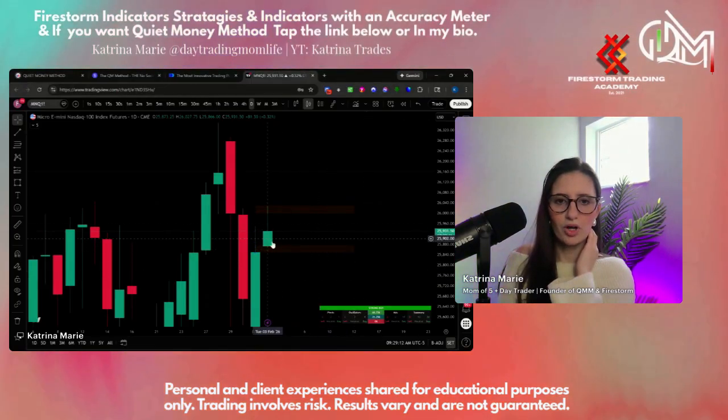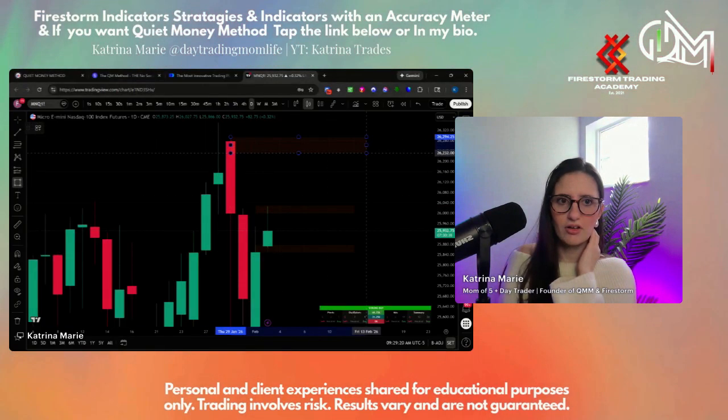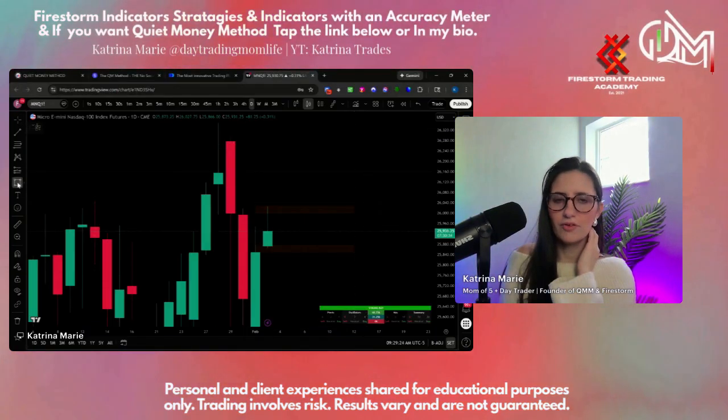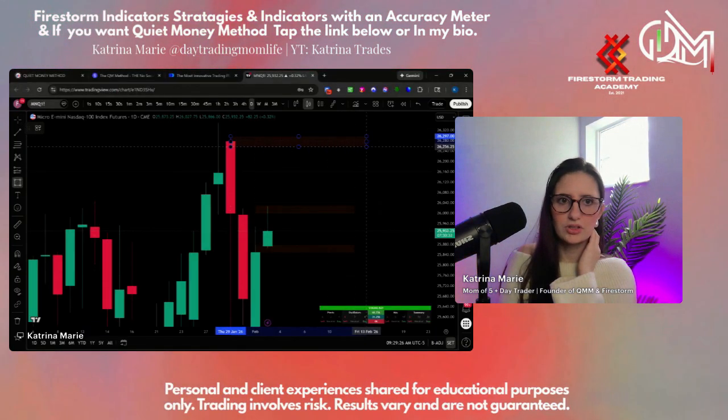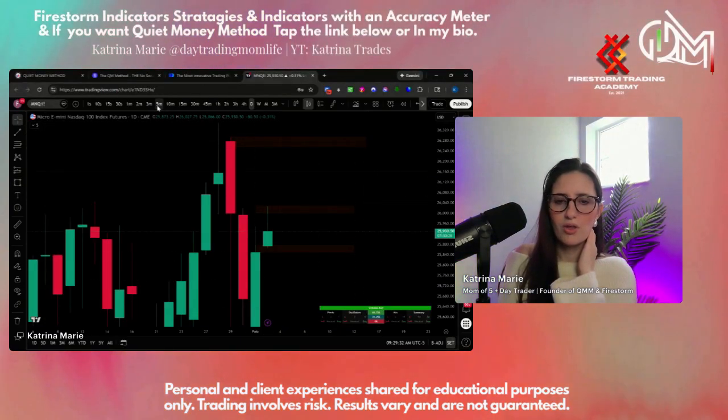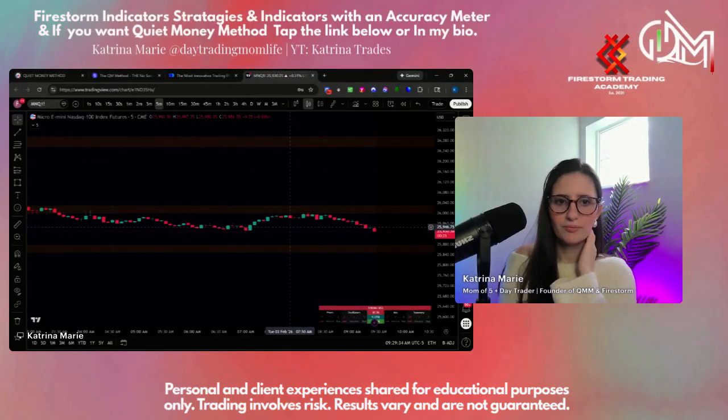I'm looking for tapping into one of these areas and also a break out to the upside or the downside. I am going to tap this next high just as a bullet point of if we do break out above, we will most likely break out to this area. But with that, we're going to move on down to the 5-minute chart.